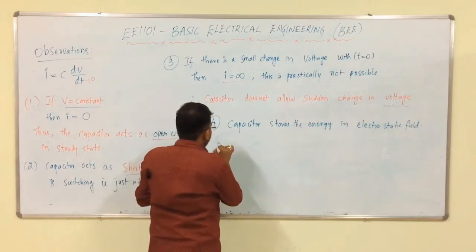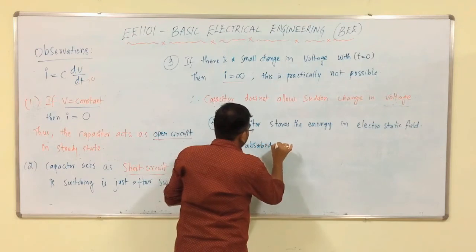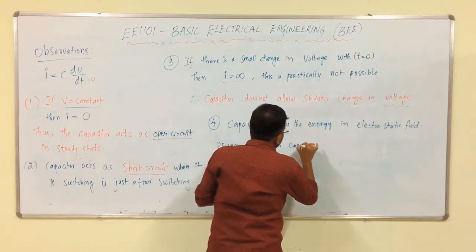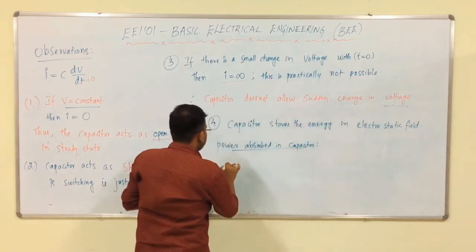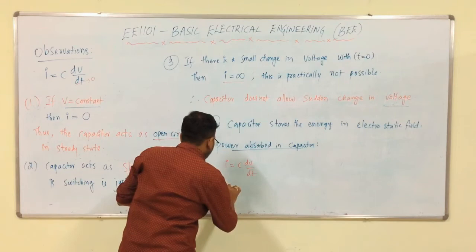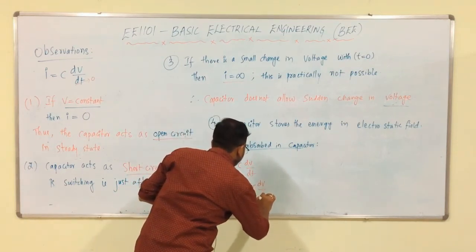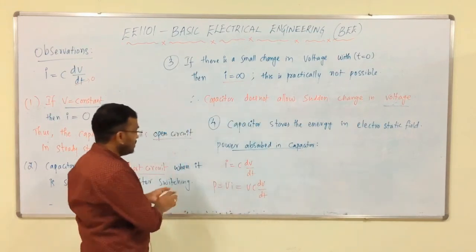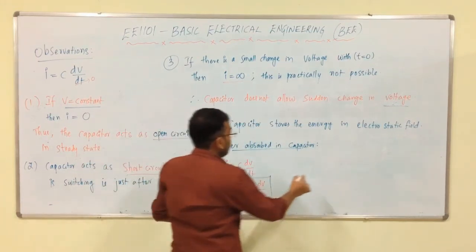Next one, power absorbed in the capacitor. We know I is equal to C into dV by dt. We know that P is equal to V into I, which is equal to V into C into dV by dt. This is the formula for power. Next, energy.